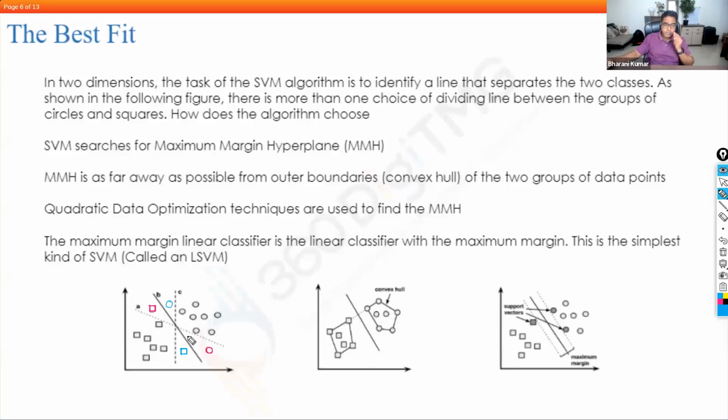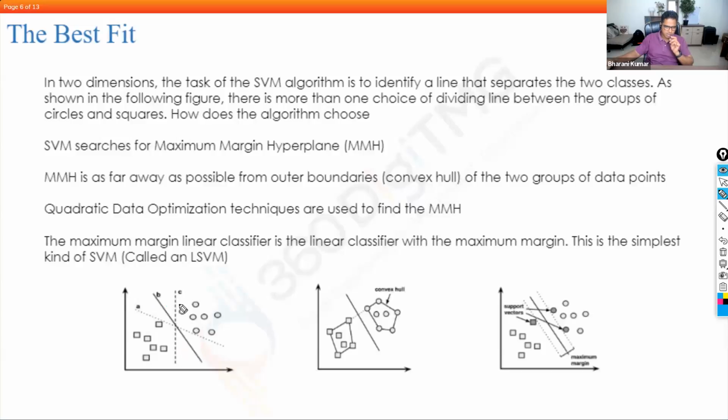To come up with a classifier which has the least misclassifications, you need to ensure that it has the maximum distance from the data points on either side. This line should have the maximum distance. If you look at A, it is almost touching, right?